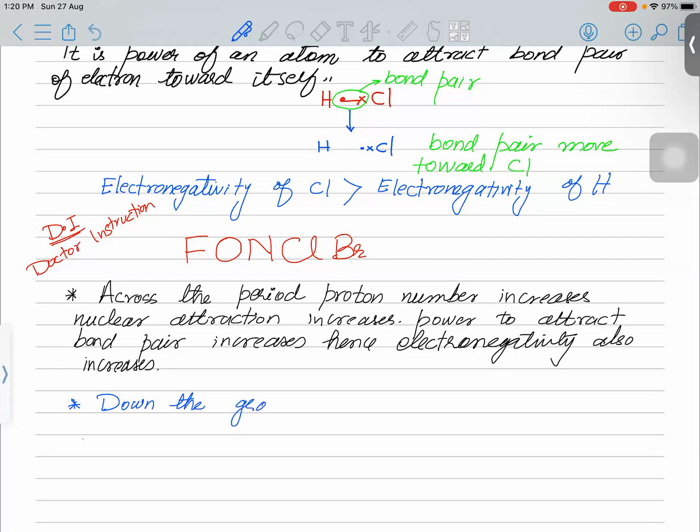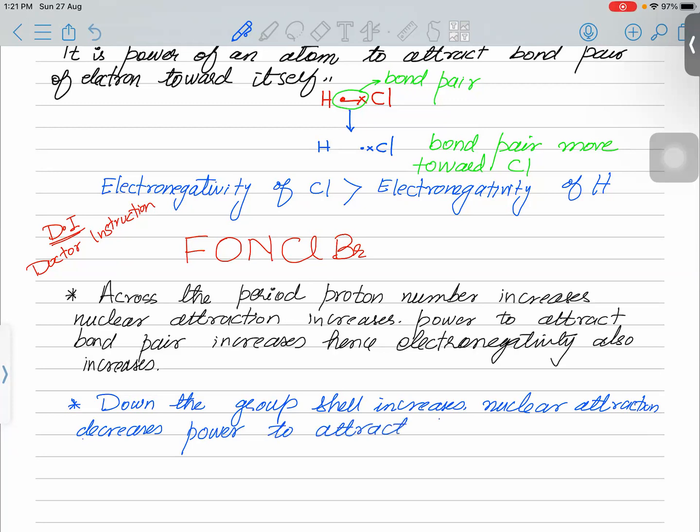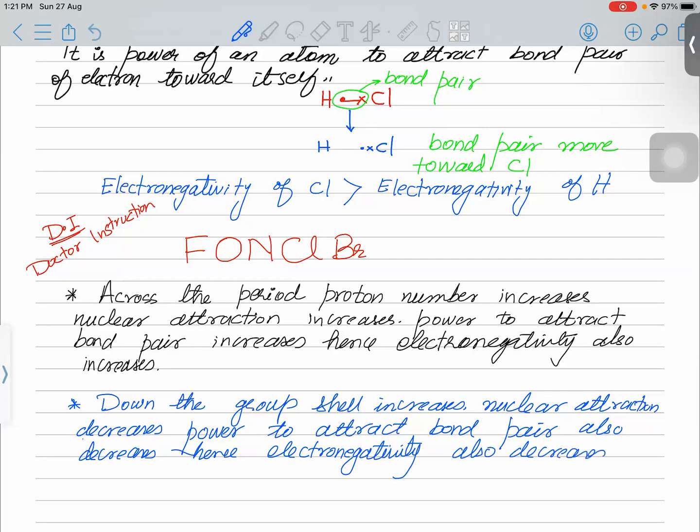Down the group, shell increases, nuclear attraction decreases, power to attract the bond pair also decreases. Hence, electronegativity also decreases.